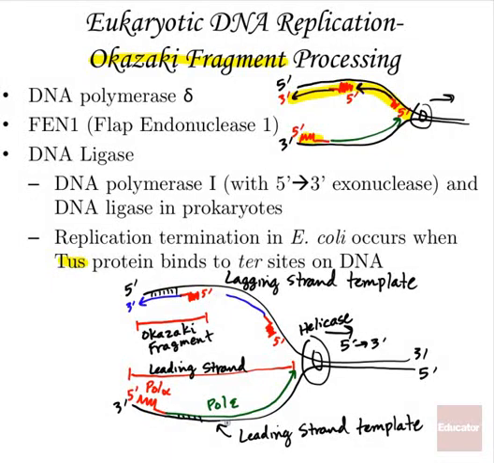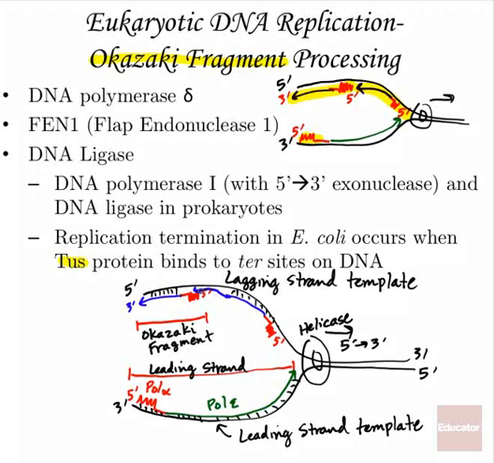Pol delta, as it's polymerizing an Okazaki fragment, is going to come under and displace about 1 to 2 nucleotides of this flap, of this primer.